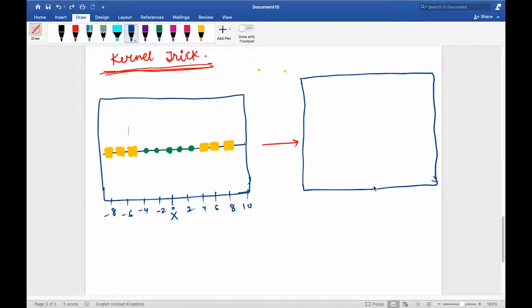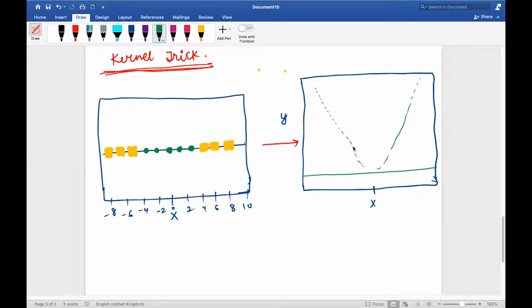So now I am just putting it into 2-dimensional space, X and Y. Let's say X, and it will get separated. I'm just roughly making it. So let me draw a line 0 here. Okay, now I'll draw it here.